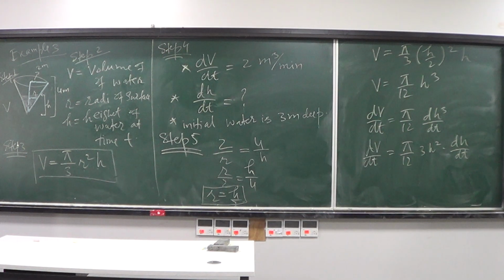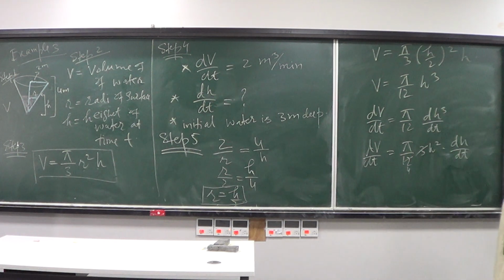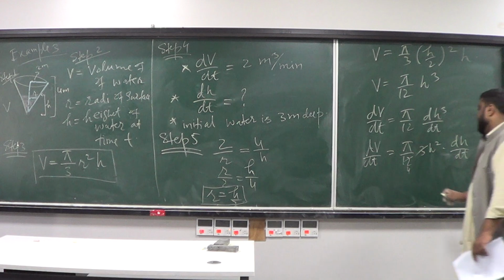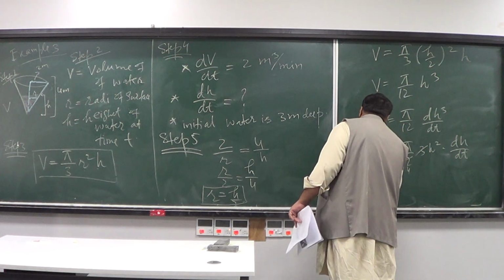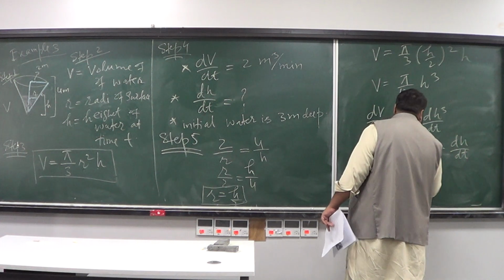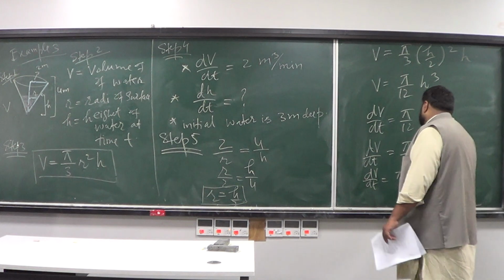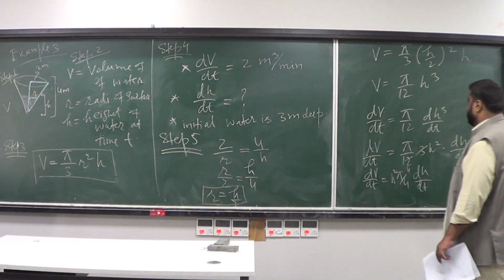So this will become 3 and 4. If I simplify this, you're going to have dV by dt equal to pi by 4 times dh by dt, and obviously there will be an h squared.